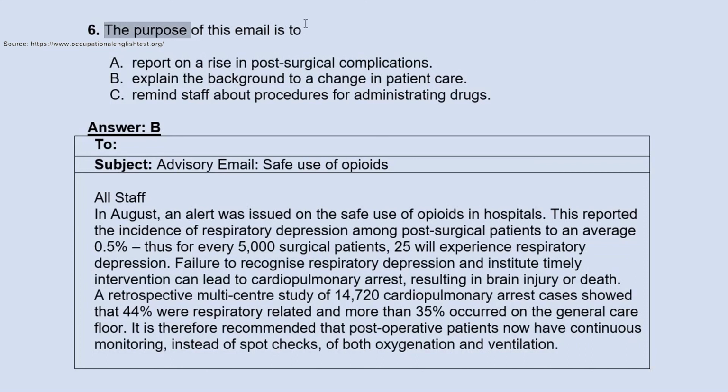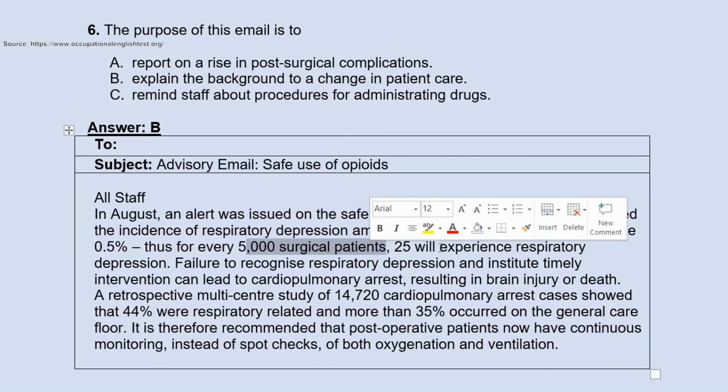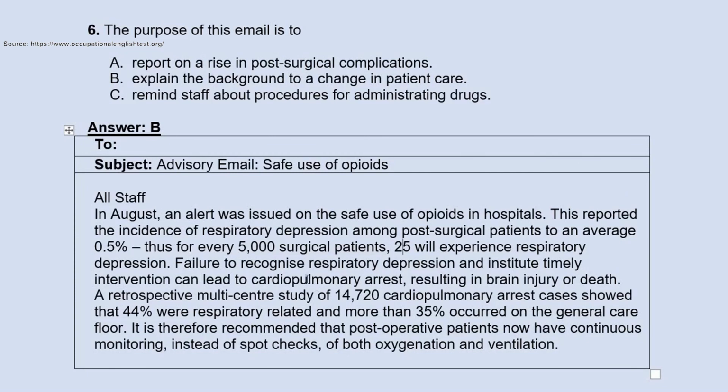Question number 6. The purpose of this email is to. The answer for this question is B. It says, explain the background to a change in patient care. When we go through the paragraph, you can see that the post-operative or the post-surgical complications were increasing. So for every 5,000 surgical patients, 25 were experiencing respiratory depression. And in the further lines, you may find a retrospective multi-center study of 14,720 cardiopulmonary arrest cases showed that 44% were respiratory related and more than 35% occurred on the general care floor.